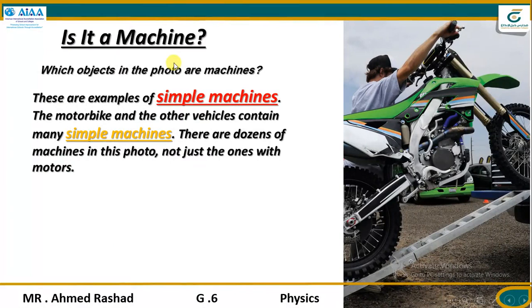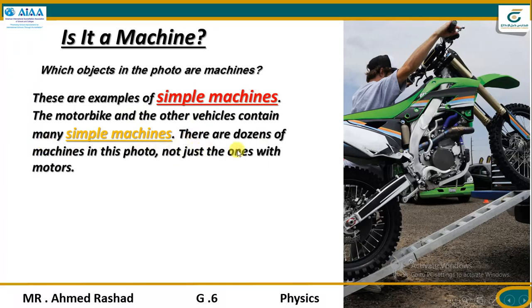Is it a machine or not? In this picture, which objects in this photo are machines? Actually, here we're talking about different kinds of machines that have motors, like the car and motorbike. But the motorbike is an example of a simple machine, and other vehicles contain many simple machines.